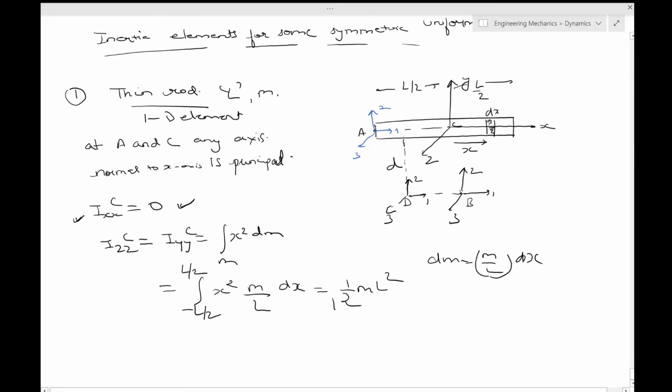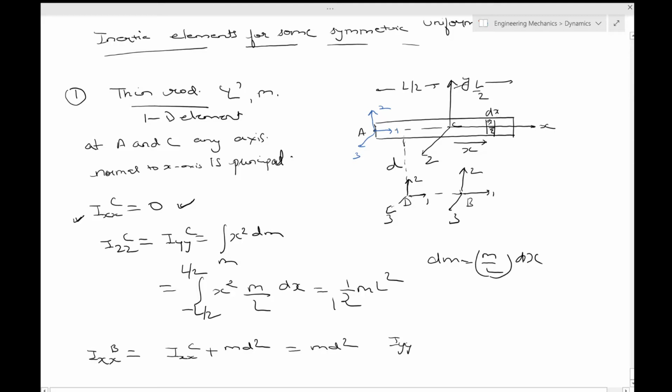Now, can you use the parallel axis theorem to find Ixx about B? Let's try to do that. Ixx about B is equal to Ixx about C plus md square. Okay, this would be equal to md square because Ixx about C is equal to 0.